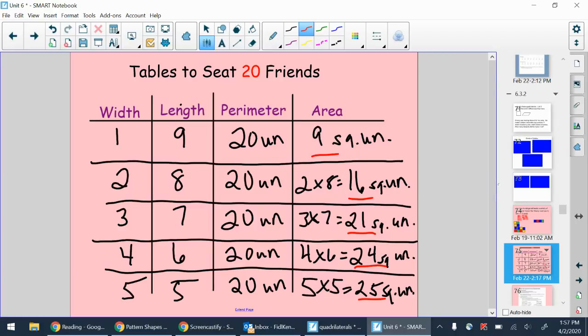But look at the pattern that's happening with the dimensions. I started with the width of 1, or the height of 1, and every time I changed the height, I was going up by 1. What was happening to the length? The length was going down by 1 until we ended up with that perfect square. So we were kind of taking a tile away from one side.